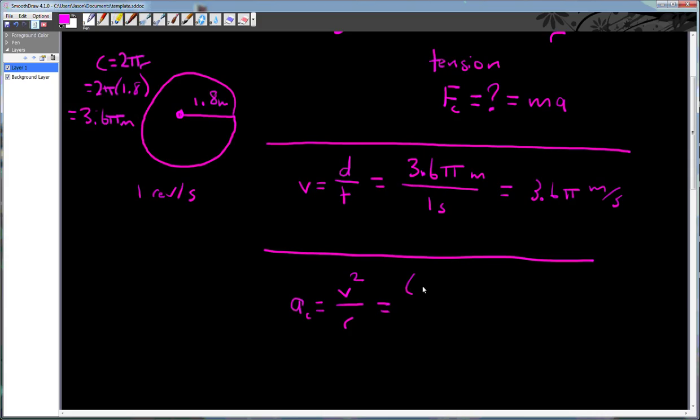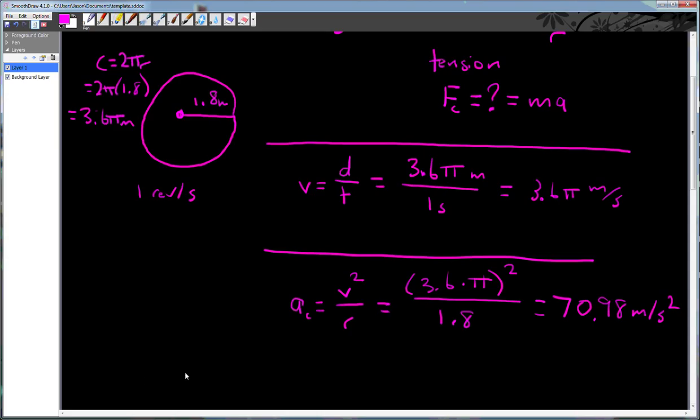So that's going to be 3.6 times pi squared divided by 1.8. 3.6 times 3.14 squared divided by 1.8. 70.98 meters per second squared.